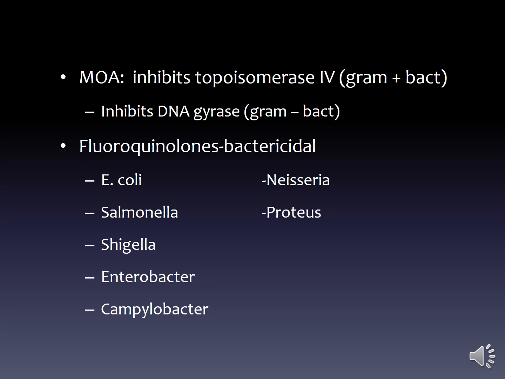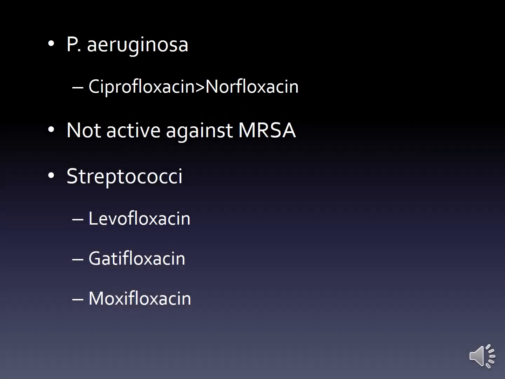Action: it has two actions depending on what type of bacteria. For gram-positive bacteria, it can inhibit topoisomerase 4, but for gram-negative bacteria, it inhibits DNA gyrase. Now, these are also bactericidal against a lot of organisms like E. coli. For Pseudomonas aeruginosa, ciprofloxacin is more effective than norfloxacin.